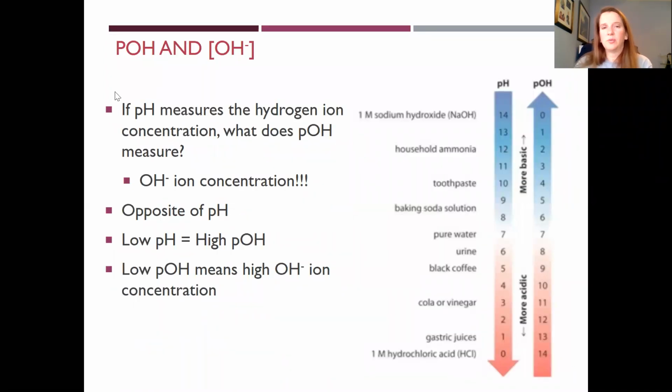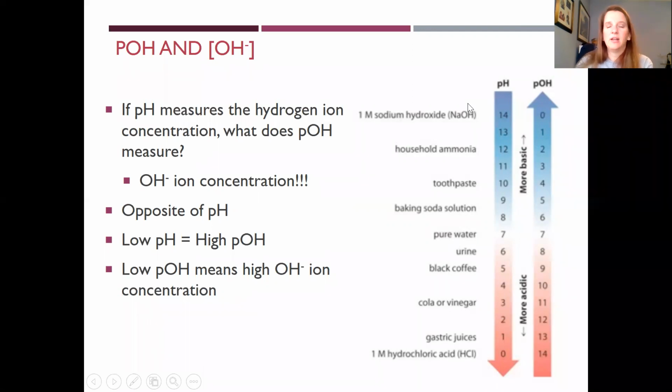There's also something called the pOH scale. The pH scale is talking about the hydrogen ion concentration, so what does the pOH scale talk about? The pOH scale represents the hydroxide ion concentration. Essentially, the pH scale and the pOH scale are opposite of each other, and when you look at this image, you can see that inverse relationship.